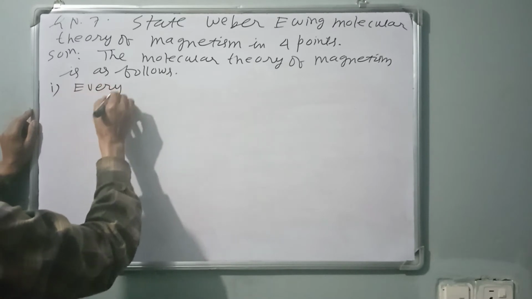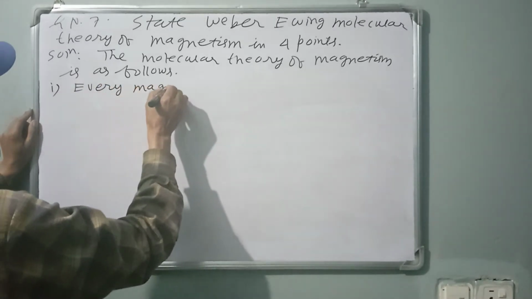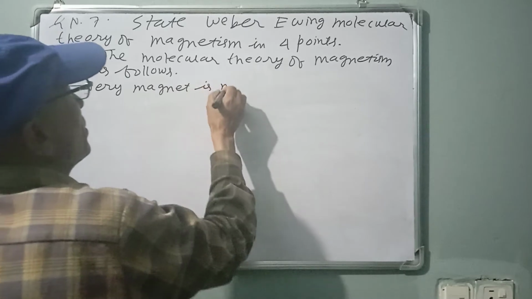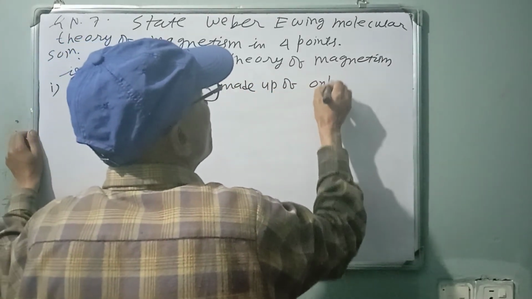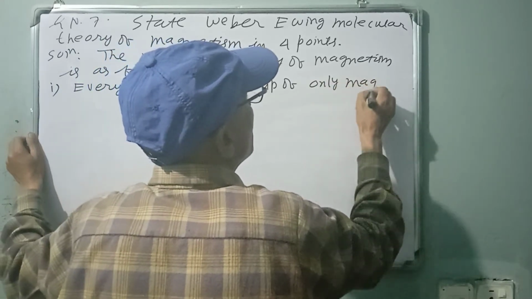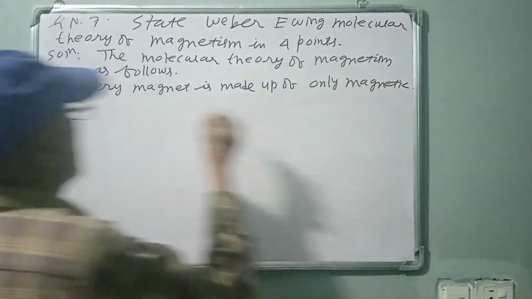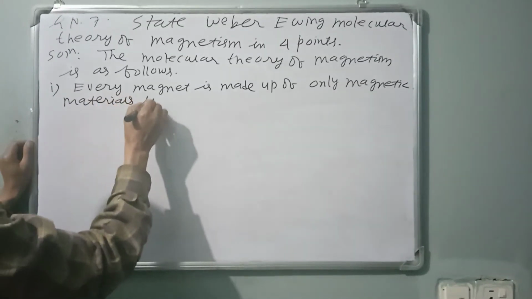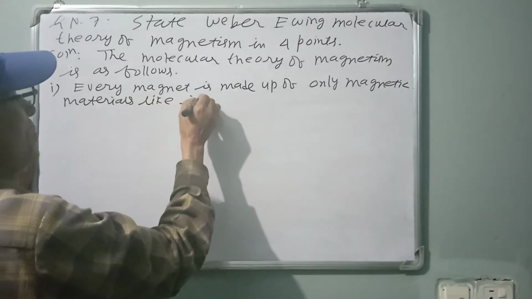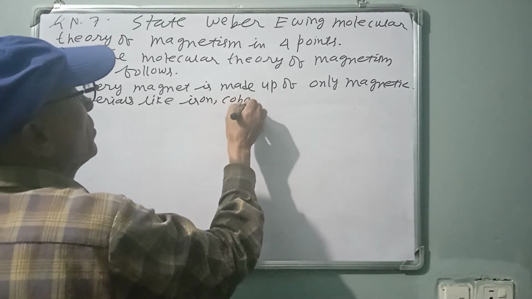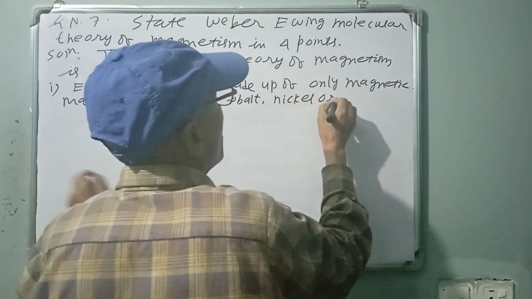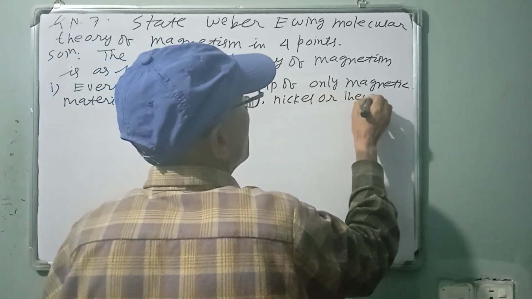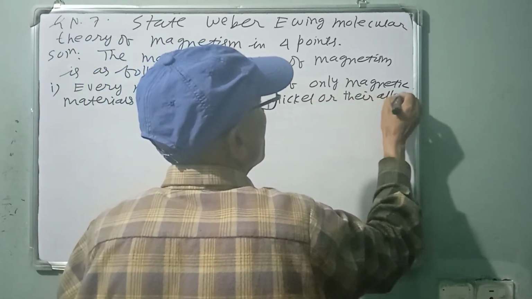Every magnet is made up of only magnetic materials like iron, cobalt, nickel, or their alloys.